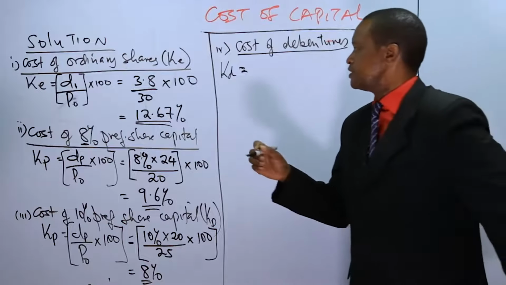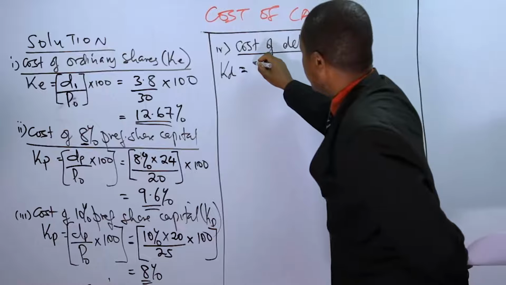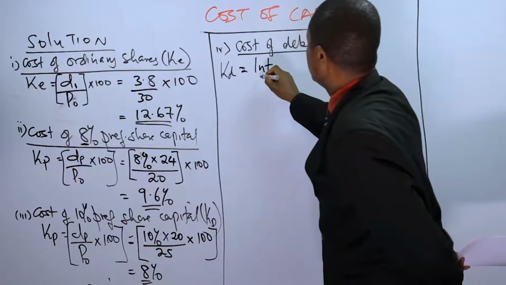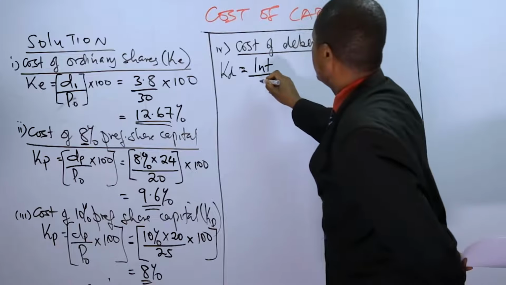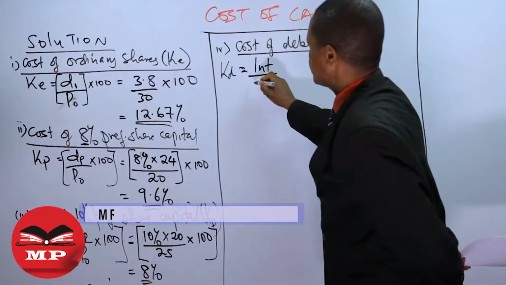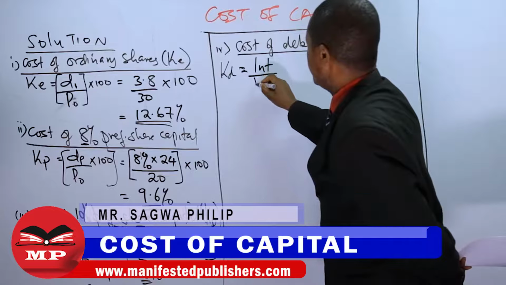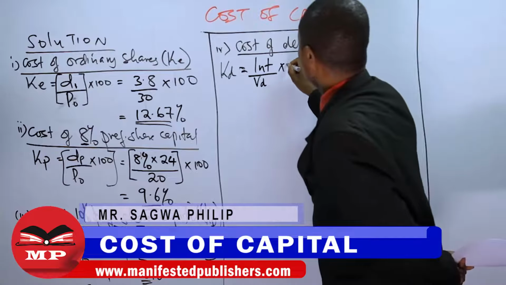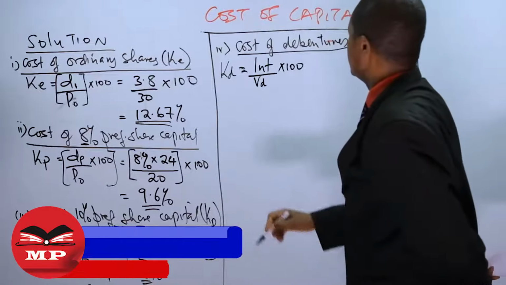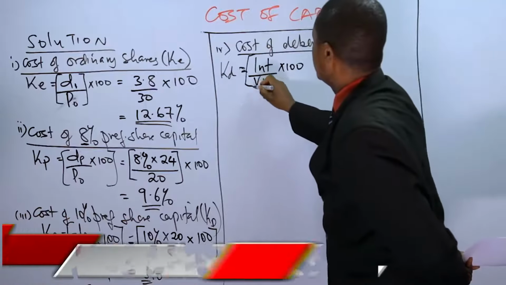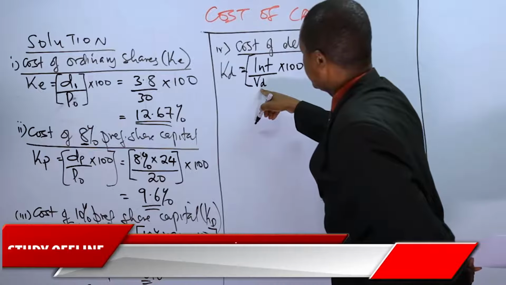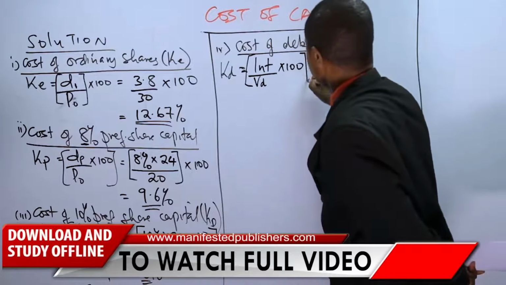They are irredeemable. So the formula for irredeemable debentures is equal to the interest over VD times 100. The interest over the market price times 100.